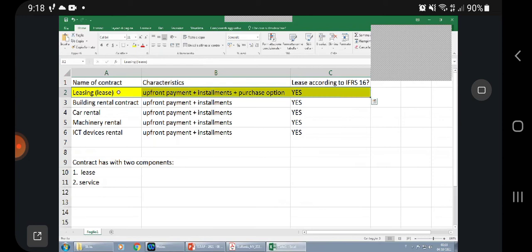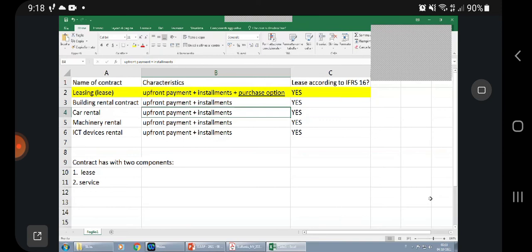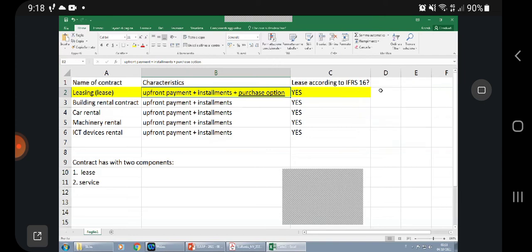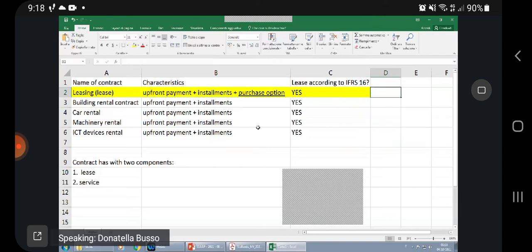The lease contract, the leasing contract, because look, here there is the purchase option. So in this case, for this type of contract, it is quite common for the lessor to determine the amount of the installment using an interest rate.